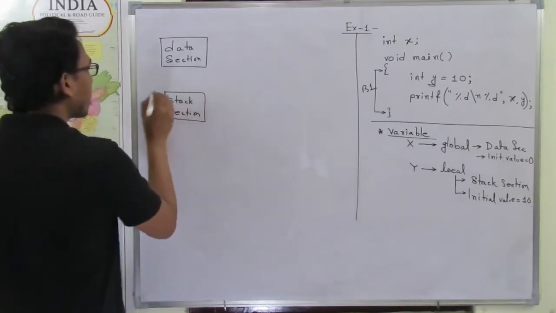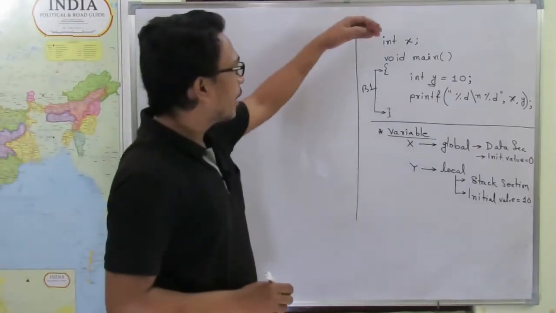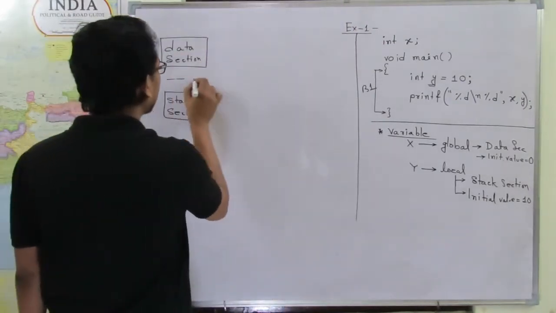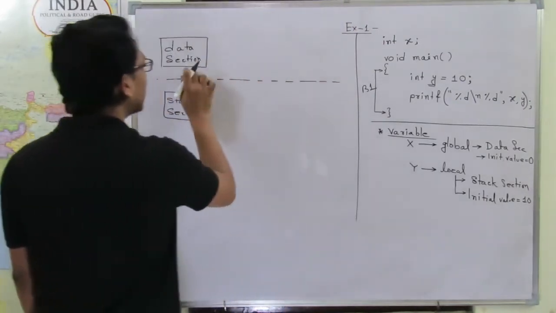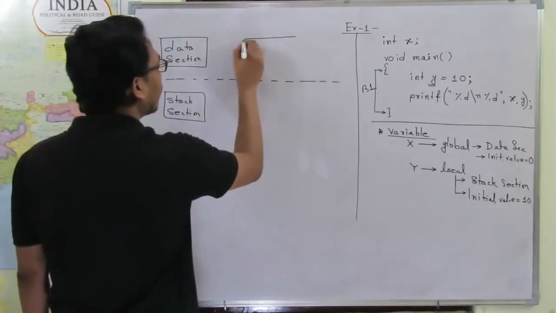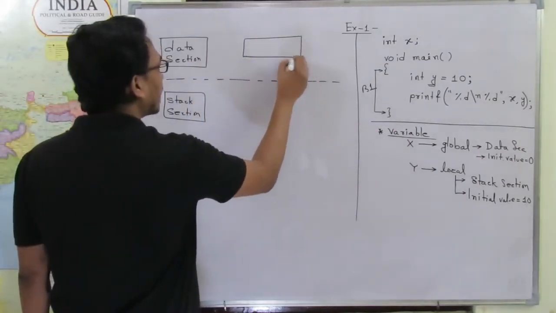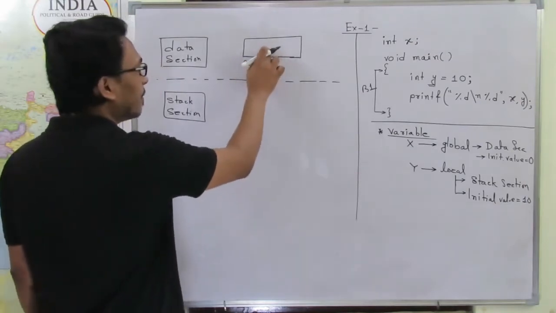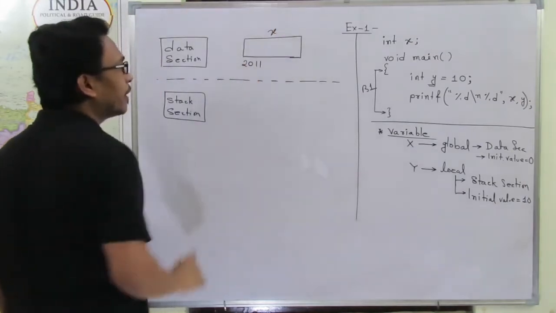Now first, the system will allocate memory for this global variable. That means inside this data section, a 4-byte memory block will be created with base address 2011. This memory block is identified by the variable name x.